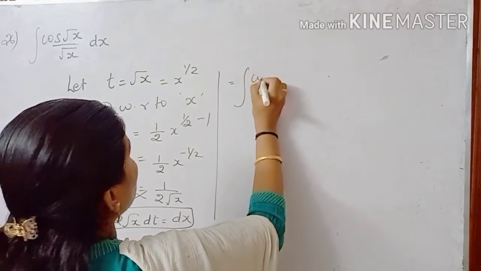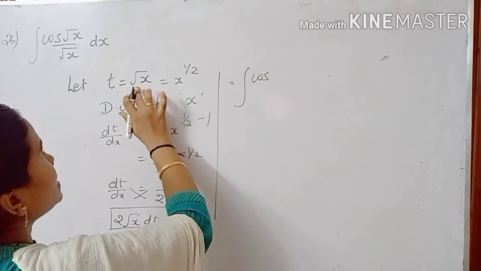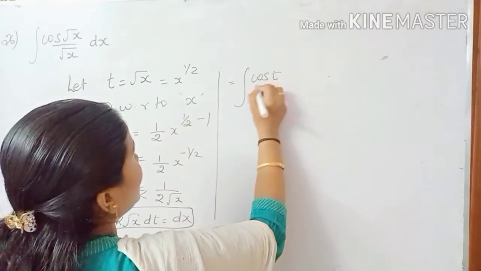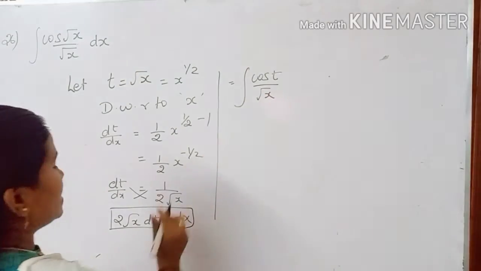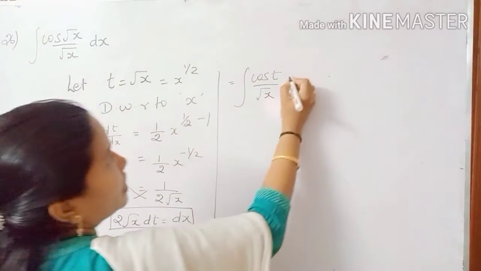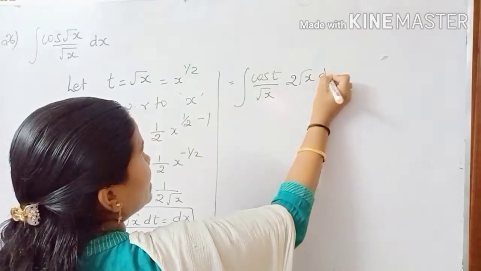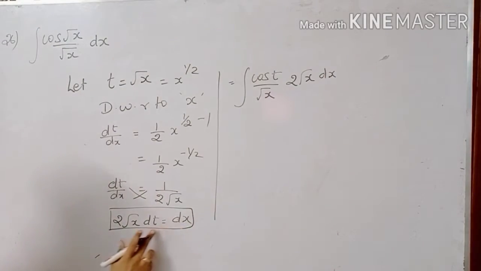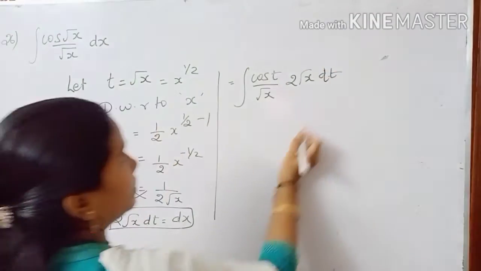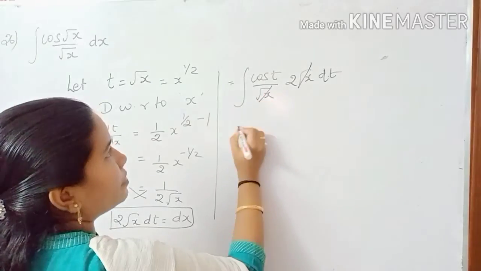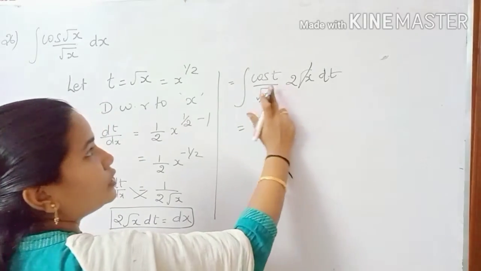We get cos t in the place of cos root x, divided by root x, and in the place of dx we substitute 2 root x dt. So root x gets cancelled and we are left with 2 cos t.